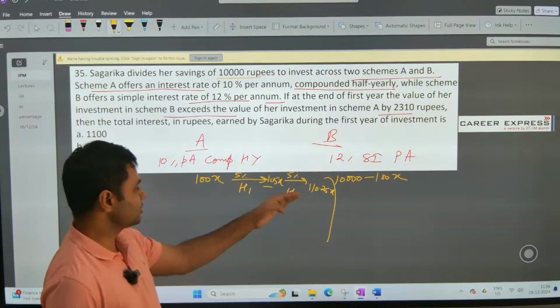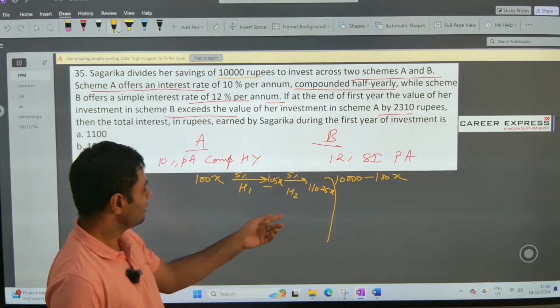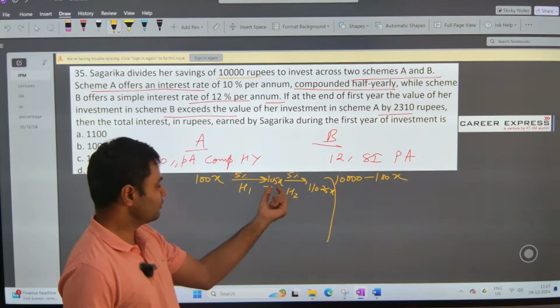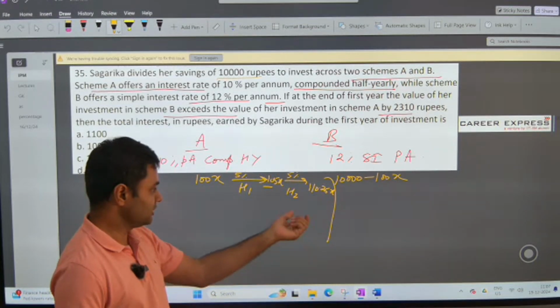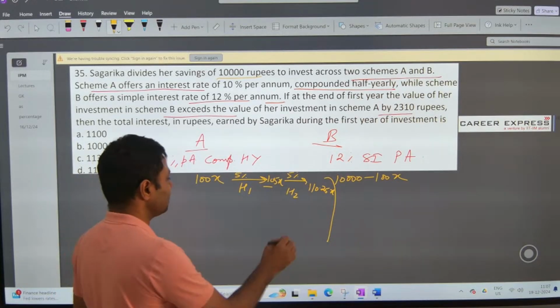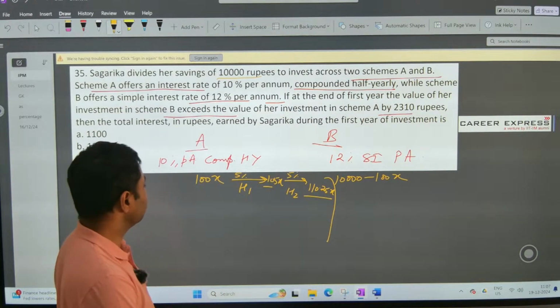The 5% of 105, so I can say 5% of 100 is 5. So we'll add 5 to 105 and then 5% of 5 is 0.25. So we'll add 0.25 also to that. So this becomes 110.25. So this is the final amount in scheme A after 1 year.